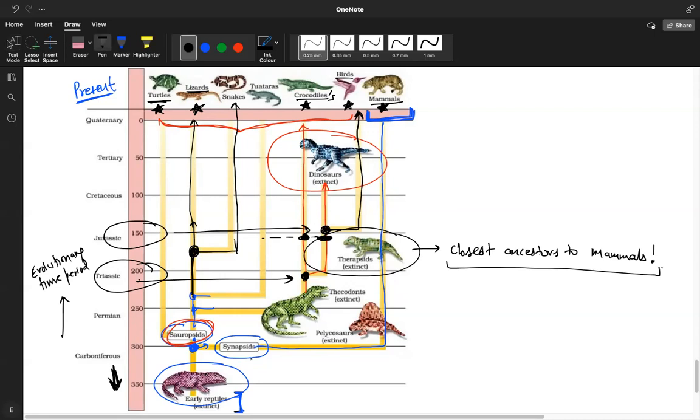Okay, here, just around here, the reptiles appeared. And then fish. So jawless fish is not a proper fish.